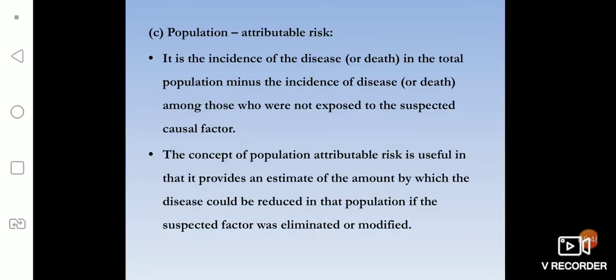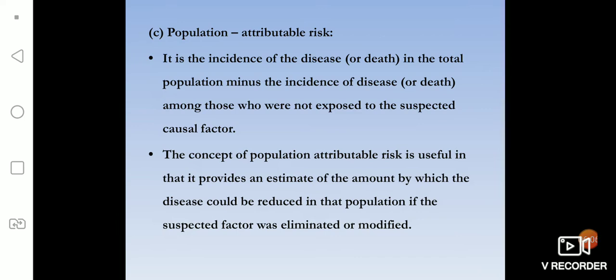Now, population attributable risk. It is the incidence of the disease in the total population minus the incidence of disease among those who were not exposed to the suspected causal factor. The concept of attributable risk is useful.